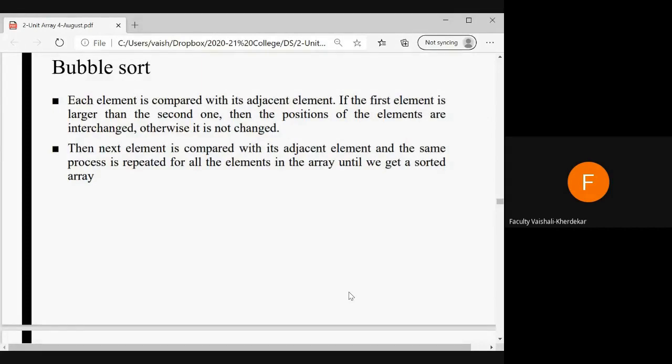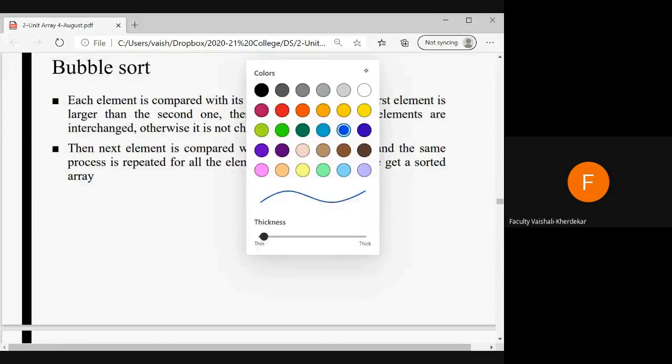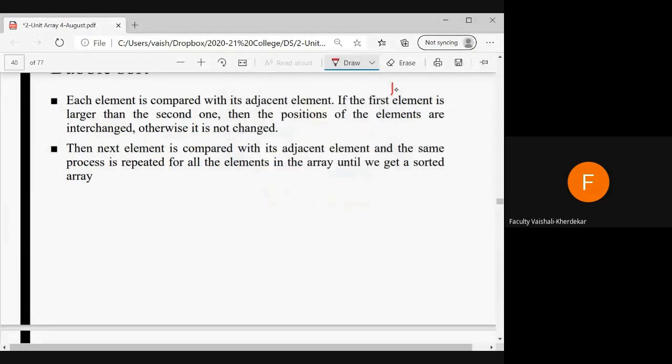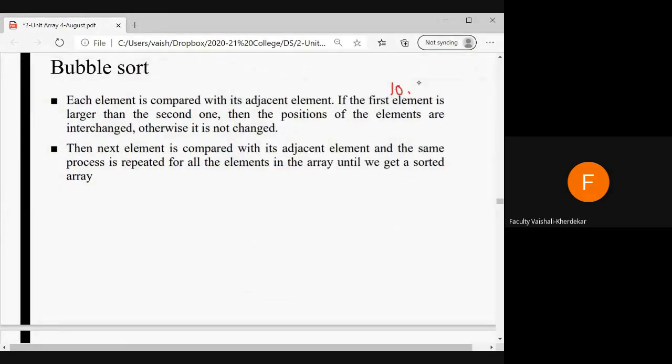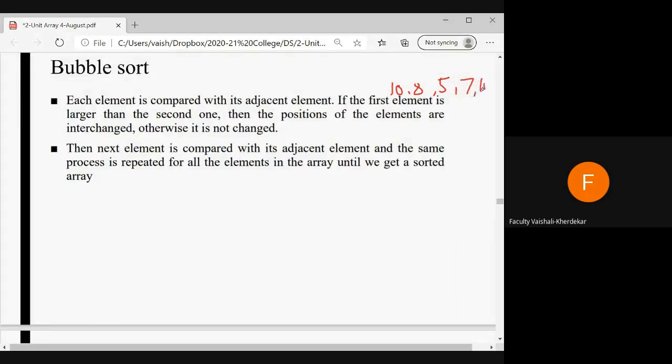Suppose the numbers are 10, 8, 5, 7, 15.